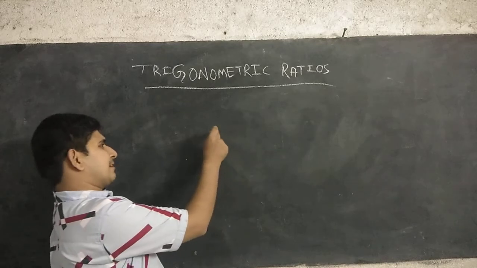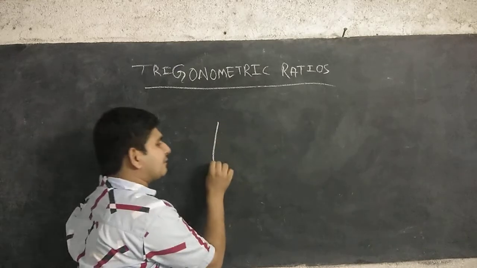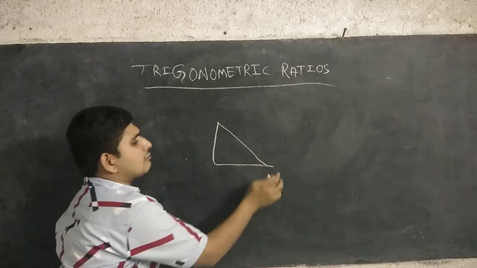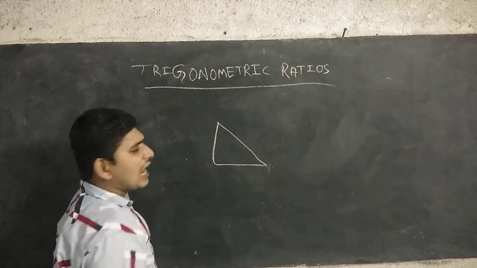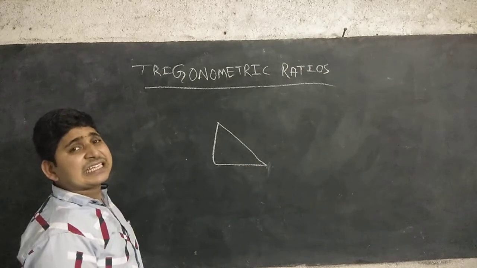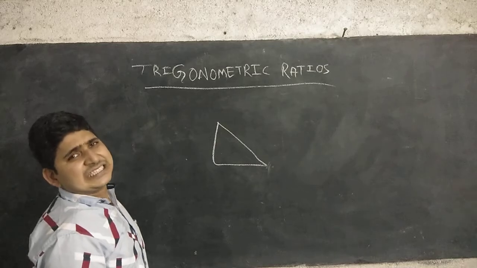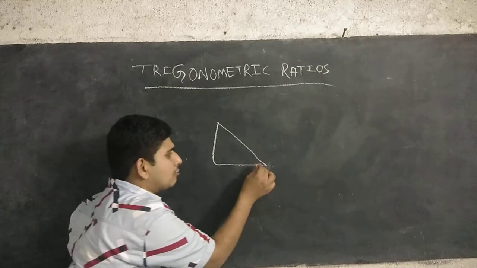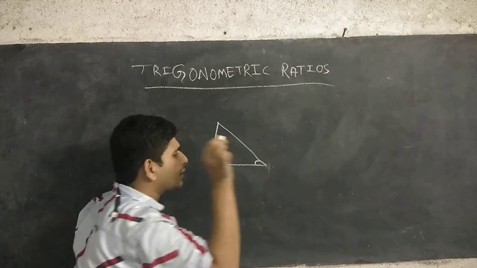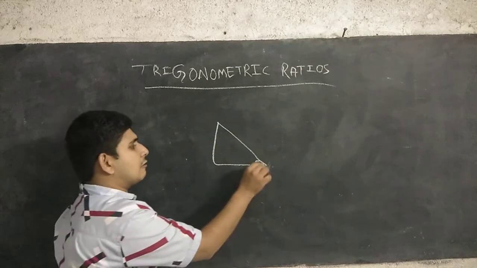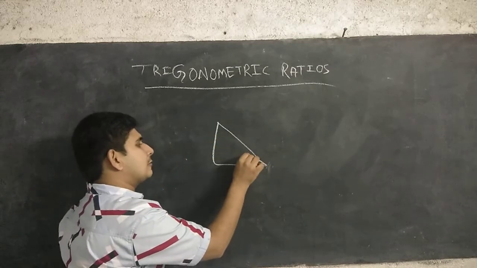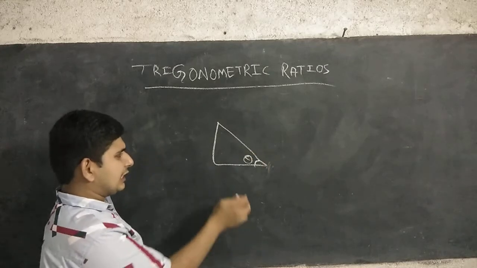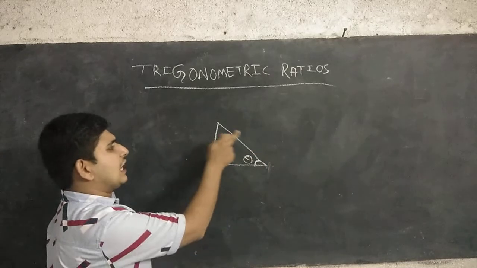The process of comparing the sides of a right angle triangle with respect to the position of the unknown angle is known as trigonometric ratio. Means, with the help of the unknown angle, we are comparing the sides of the triangle.